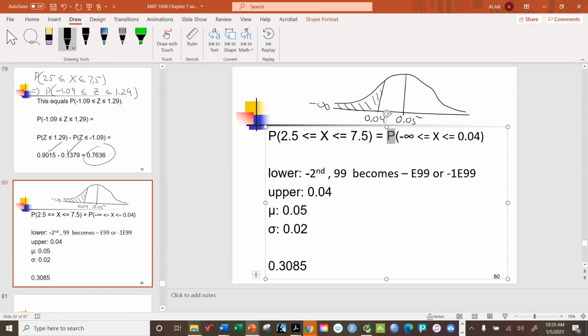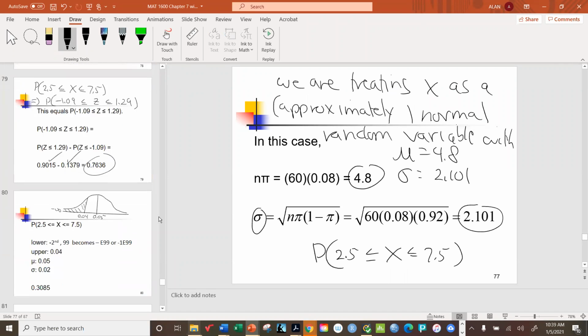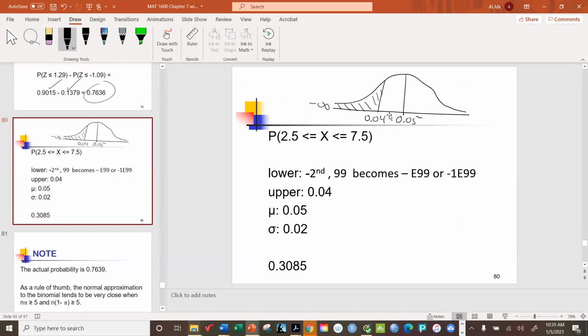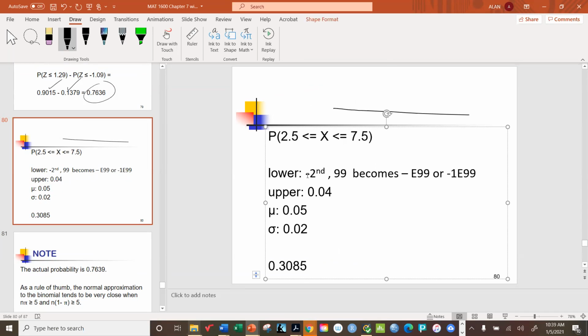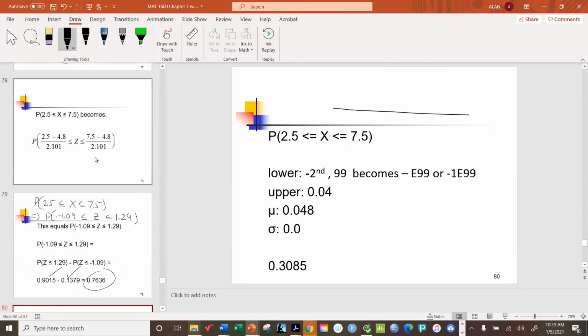where the mean, if you recall, is 4.8 and the standard deviation was 2.101. Wait a minute, that can't be right.